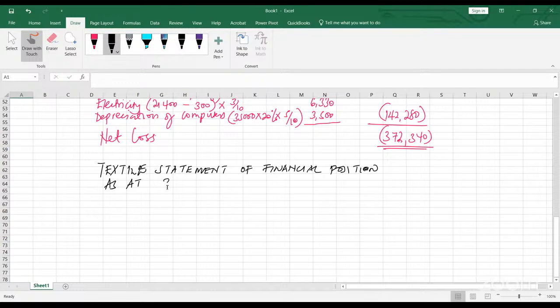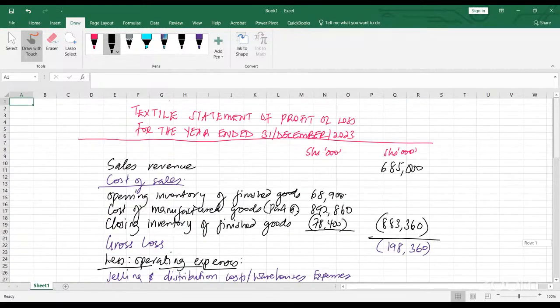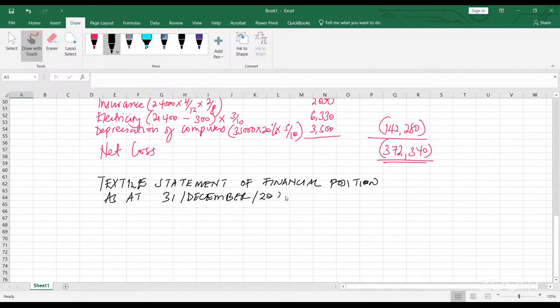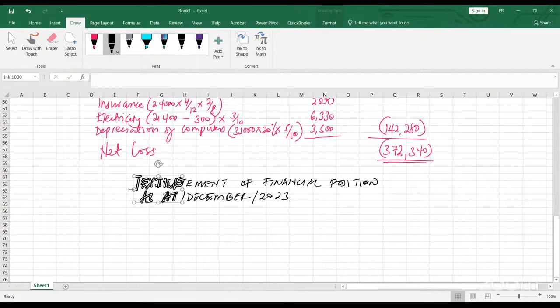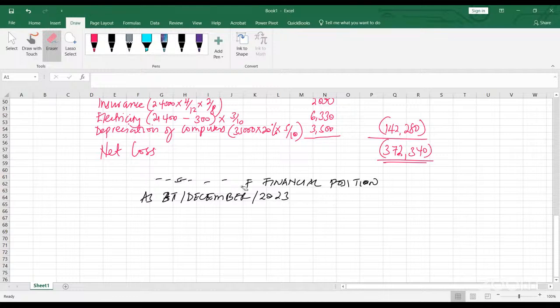As at 31st December 2023. 31st December 2023. Textile Limited.